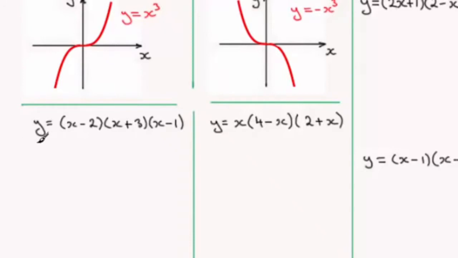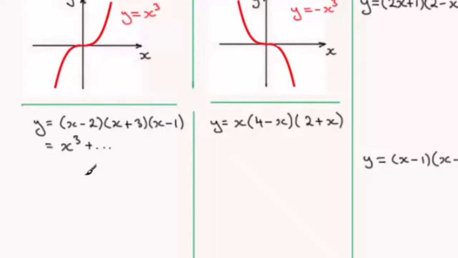There'll be other terms as well in the expansion: an x squared term, an x term, and a constant, but we won't worry about those. So already I know that my curve will be starting to come up like this.